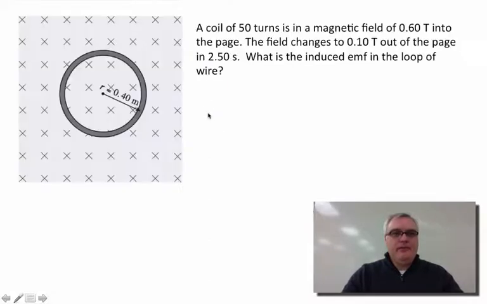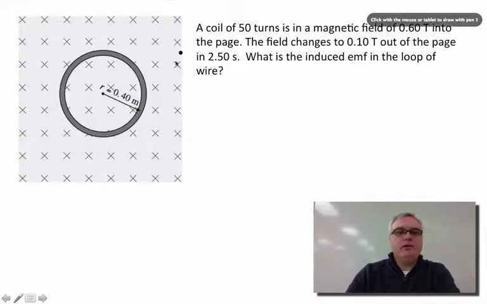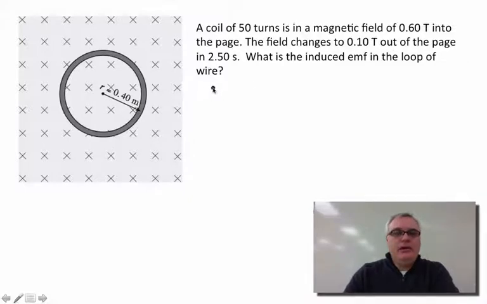Well, if you recall in the last video, we already worked out the solution to this problem. We have a coil and a magnetic field that's directed into the page. It's 0.60 Teslas into the page, and it changes to 0.10 Teslas out of the page. And we know that the EMF here, when we worked it out with Faraday's law, was 0.14 volts.